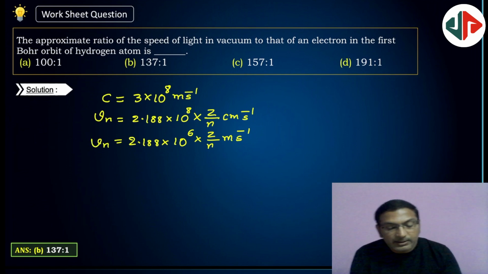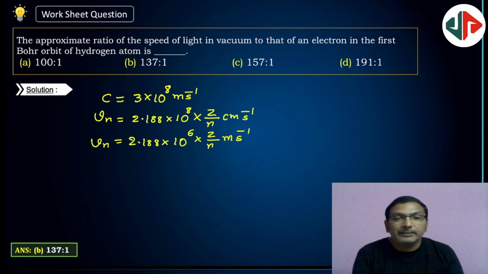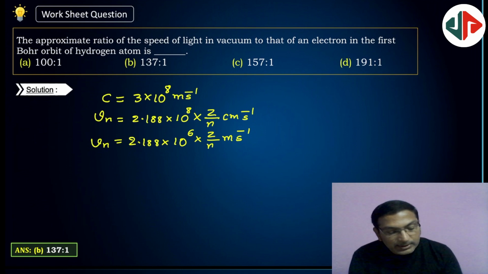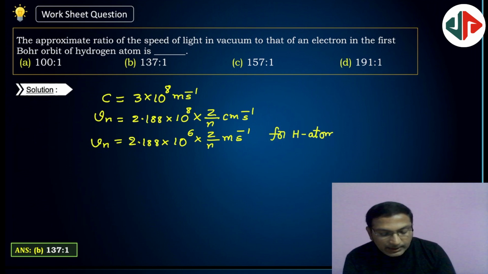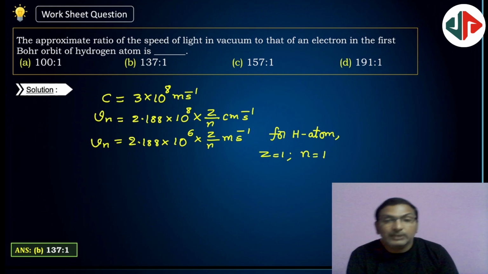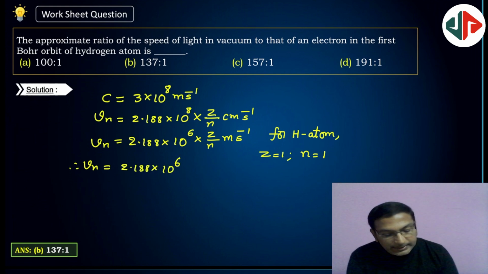So first one, velocity of light in vacuum, and the second one is velocity of electron in nth orbit. Here for hydrogen atom, we can write atomic number equal to 1 and first Bohr orbit n equal to 1. Therefore, velocity of electron in nth orbit equal to 2.188 into 10 power 6 meters per second.